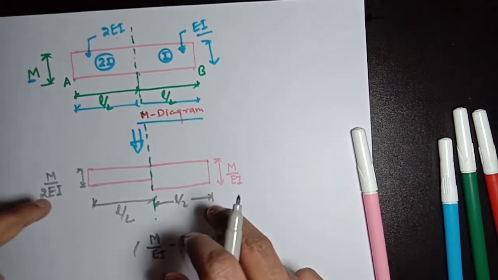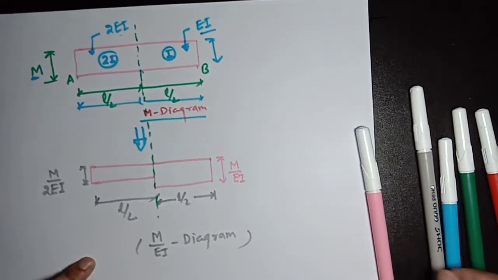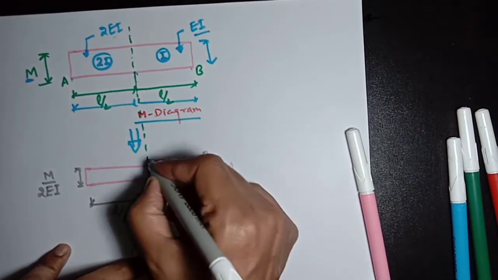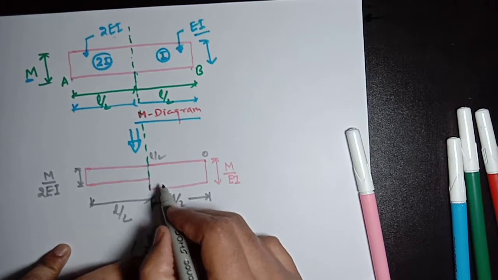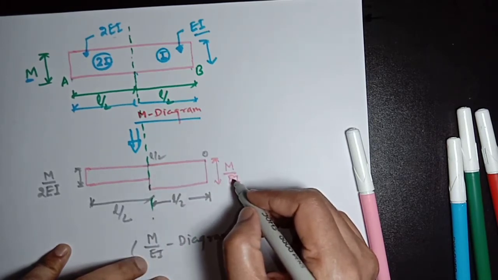Now this is our M over EI diagram. From length 0 to L by 2, the y coordinate is M over EI.